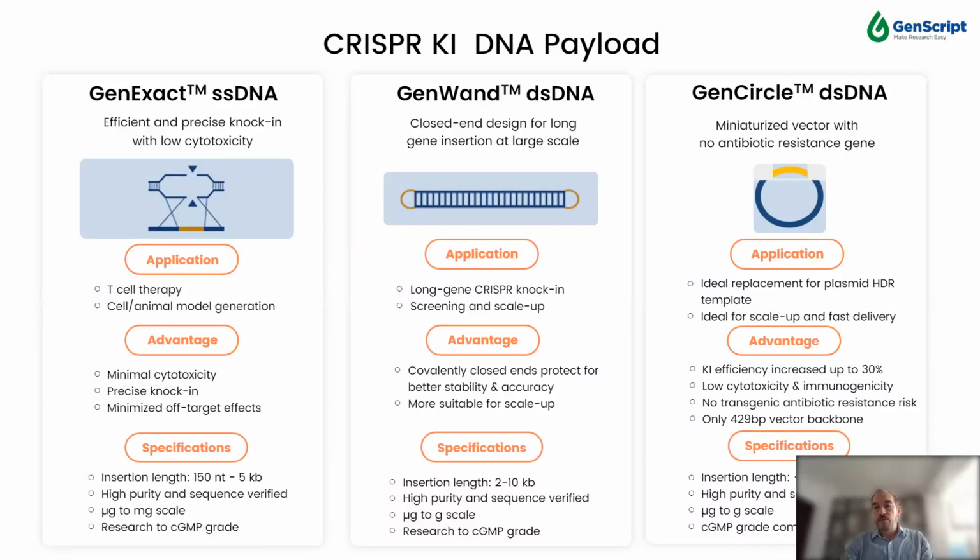It's also very good for removing any concerns about antibiotic resistance, because if you're using a plasmid, very often it will have antibiotic resistance genes built in, but GenCircle is very small. We have removed all these antibiotic resistance genes, and the template is only 429 base pairs. It's very small.